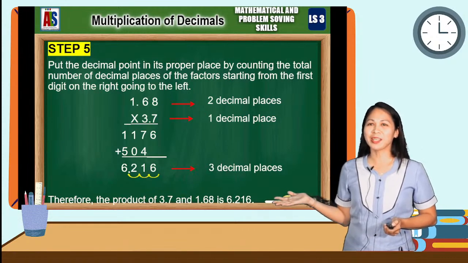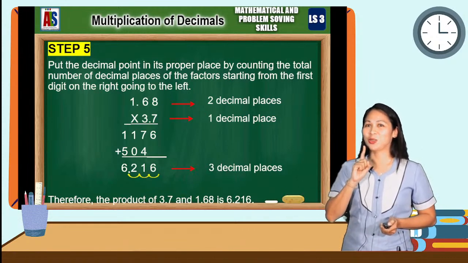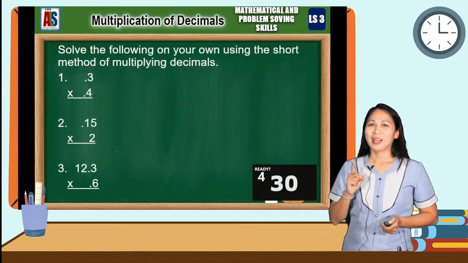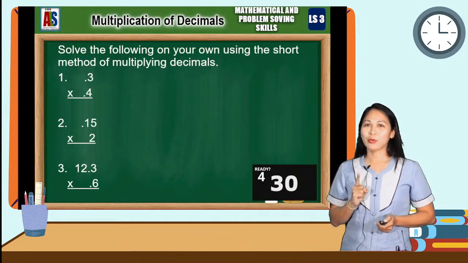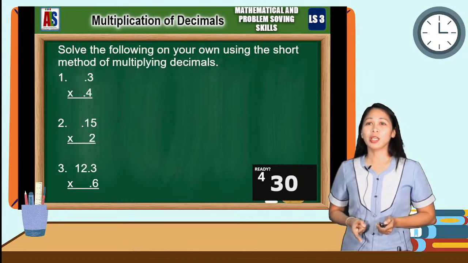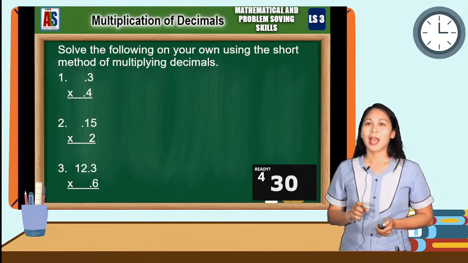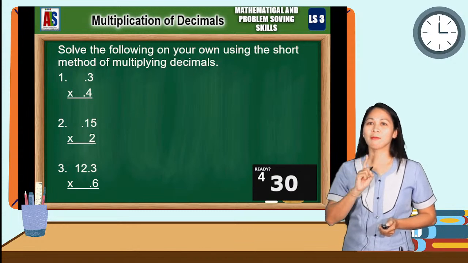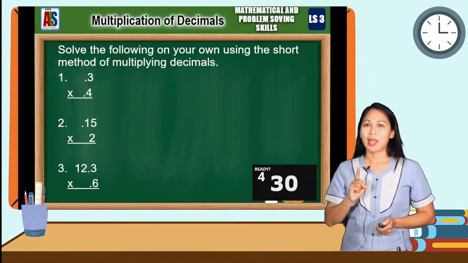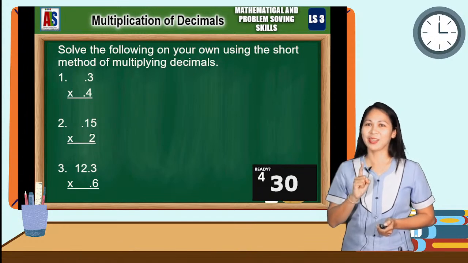Did you get the correct answer? Very good! Now, it's your turn. Solve the following on your own using the short method of multiplying decimals. Just follow the steps in multiplication of decimals. I will give you 30 seconds to answer. Are you ready? And your time starts now.